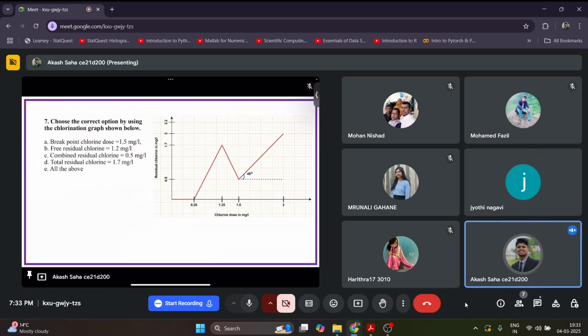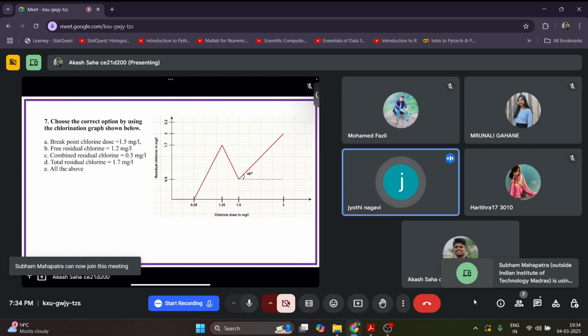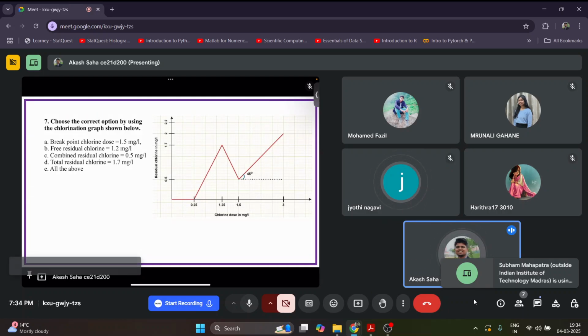No, it's not 3. Before that, what is the total residual chlorine? Just see in the y-axis. 2 mg per liter, yes. So 2 mg per liter is the total residual chlorine.